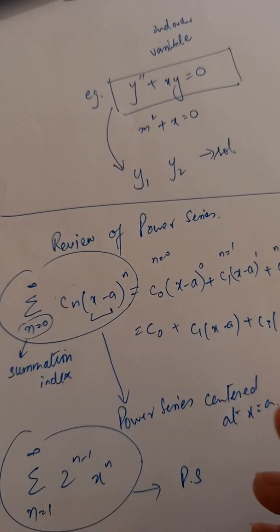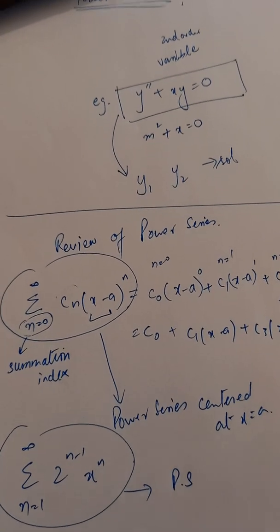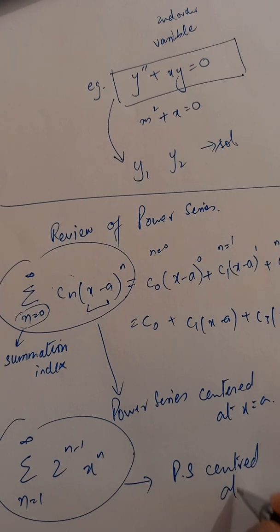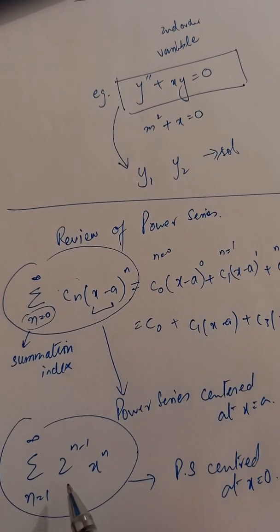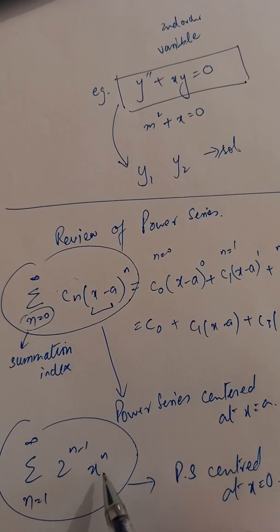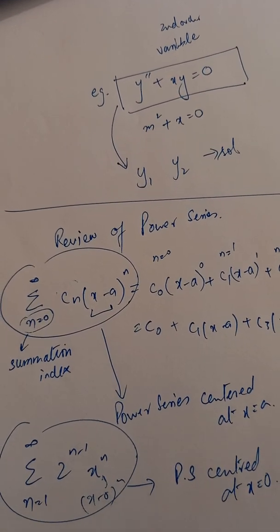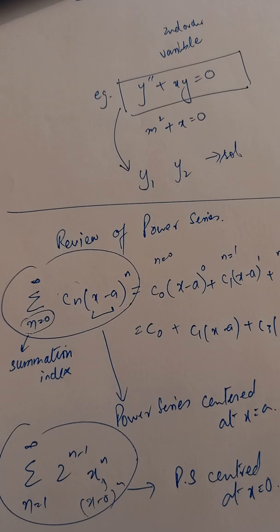I'm writing a short form of power series as PS. So this is called a power series centered at x equals to 0, because this is just x over here, so it can be written as x minus 0 whole power n, right? It's the same thing.